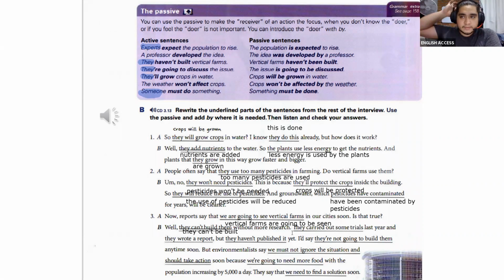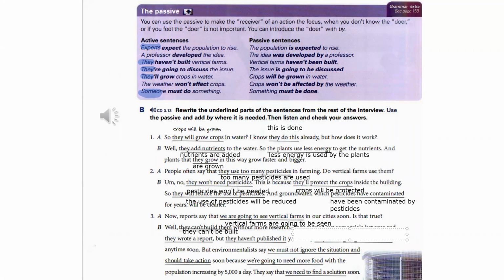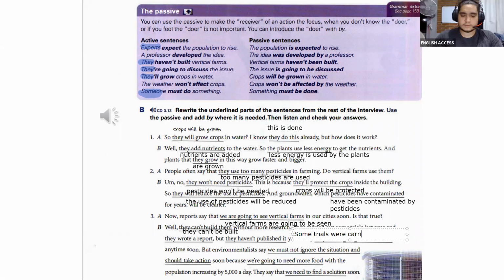They carried out some trials last year. How would that be? Some trials were carried out. And they wrote a report.